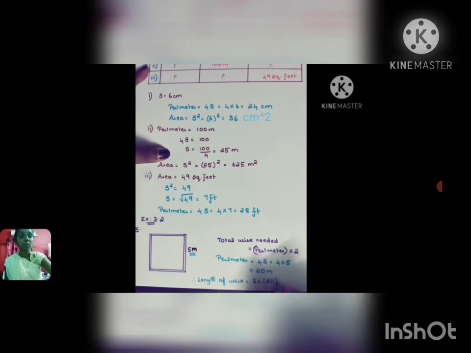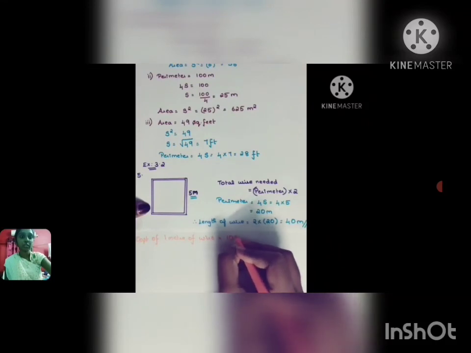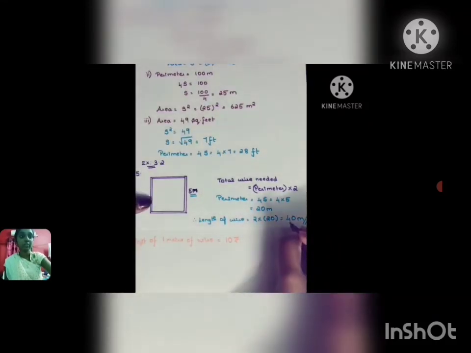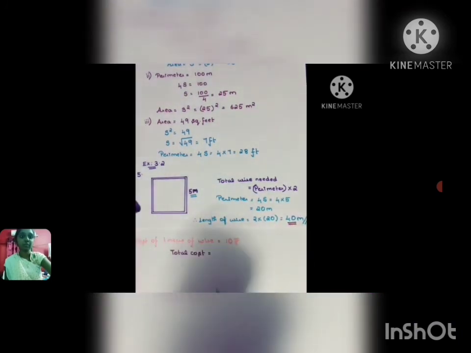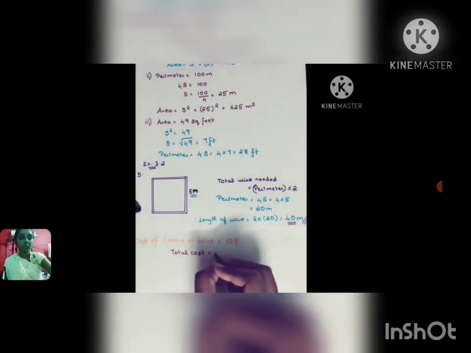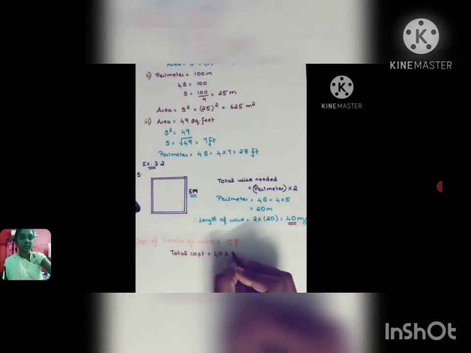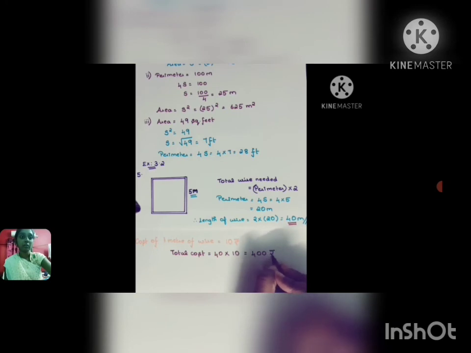Hence, multiplying the perimeter by 2, we get 2 into 20, which is equal to 40 meters. Now, it is given in the question that the cost for fencing 1 meter is rupees 10. We have to fence 40 meters. Hence, the total cost is 40 multiplied by 10, which is equal to 400 rupees, which is the total cost required to fence the given square garden.